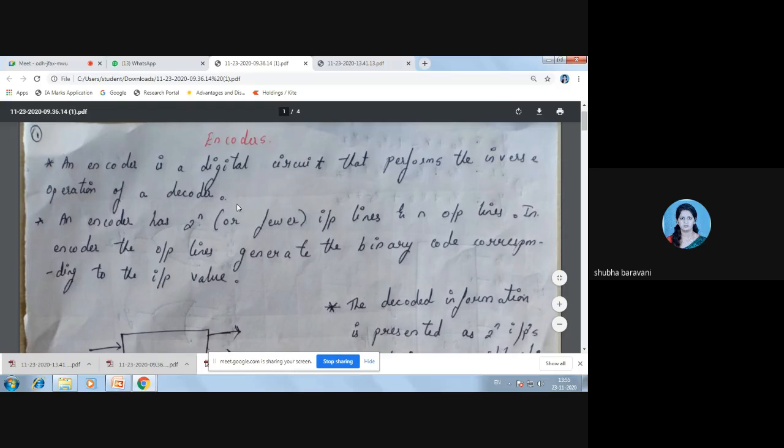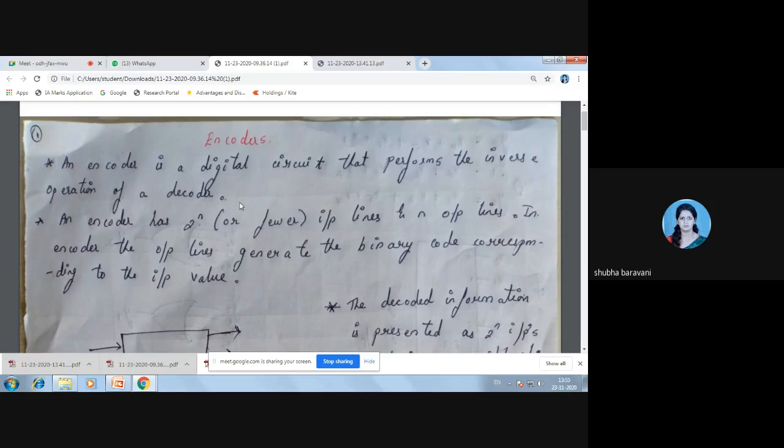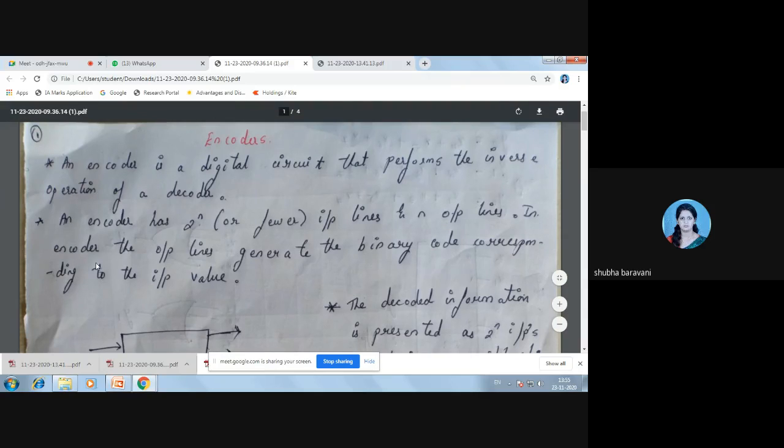For a decoder we had n input lines and 2 power n output lines, but in an encoder there are 2 power n input lines, almost 2 power n input lines, and n output lines.